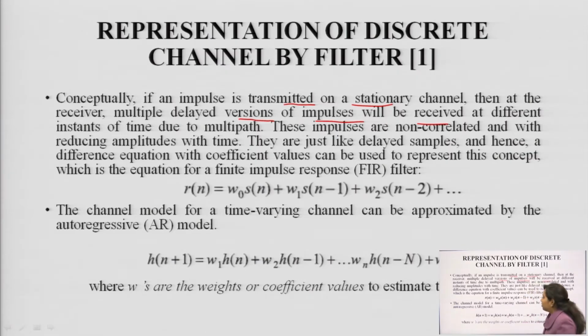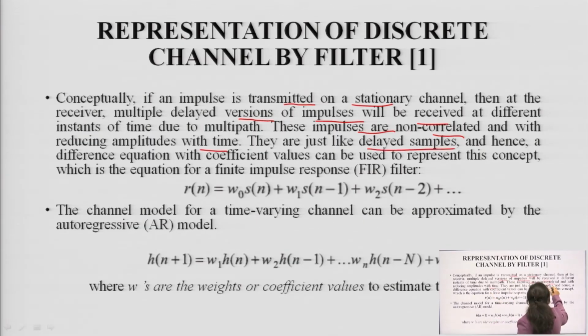The channel is static, it is not moving, but due to multiple hops the signal impinges on different objects, so delayed versions of that impulse will be there, and these will all be added together due to multipath. These impulses are not correlated to each other, with reducing amplitudes over time.